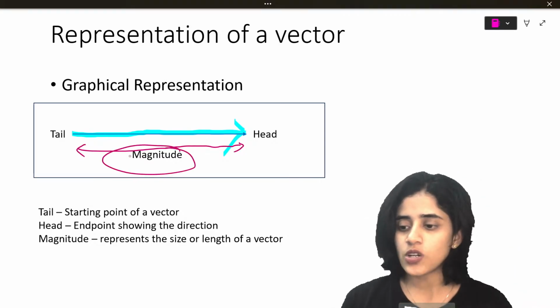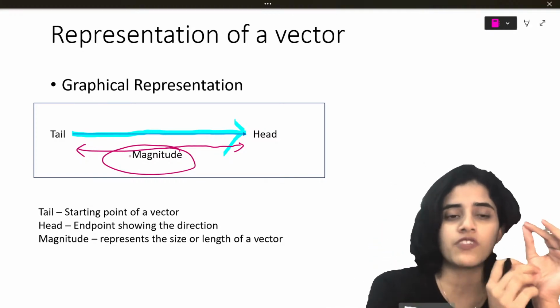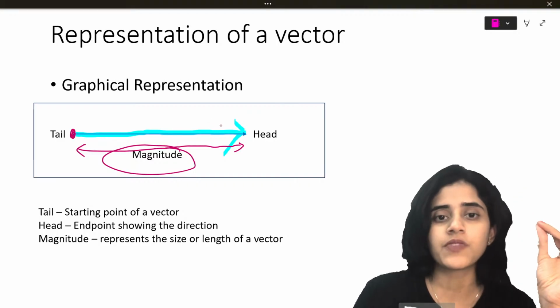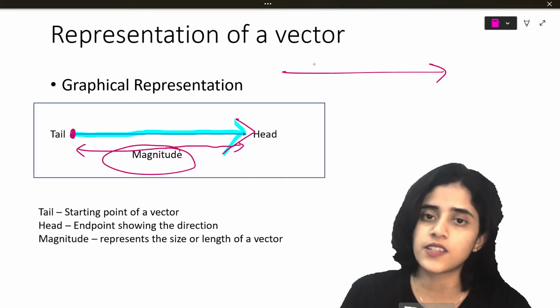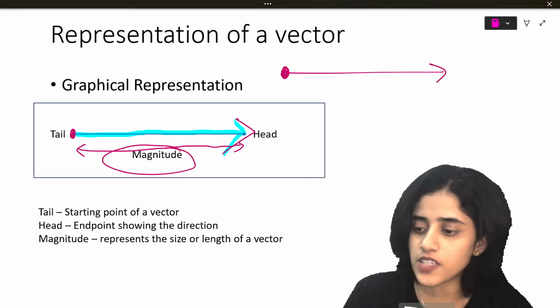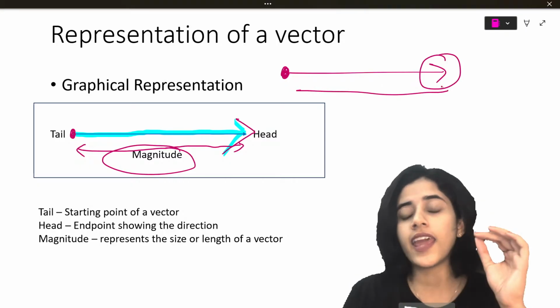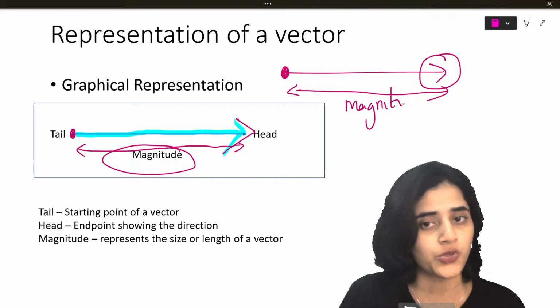So, the starting point of the vector is what? The tail. So, this is the starting point of the vector and the head is the ending point of the vector. Like this. And the length of the vector gives you the value, which is the magnitude.